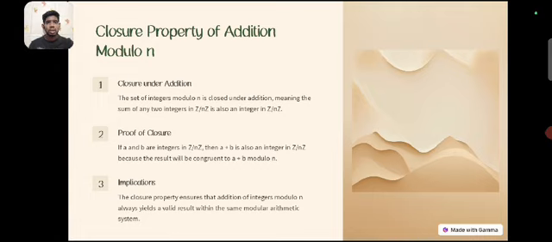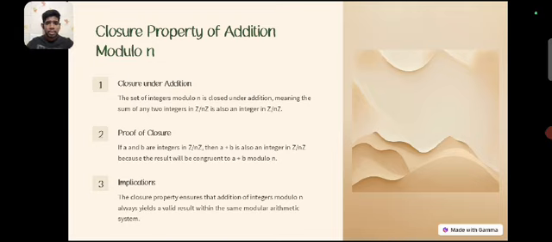Now let us come to the closure property of addition modulo n. Closure under addition. The set of integers modulo n is closed under addition, meaning the sum of any two integers in Z/nZ is also an integer in Z/nZ. Proof of closure.